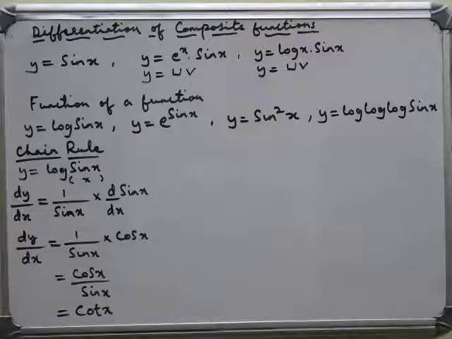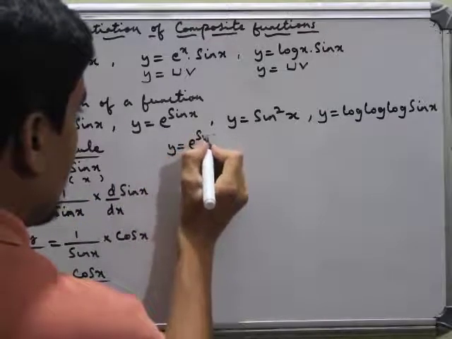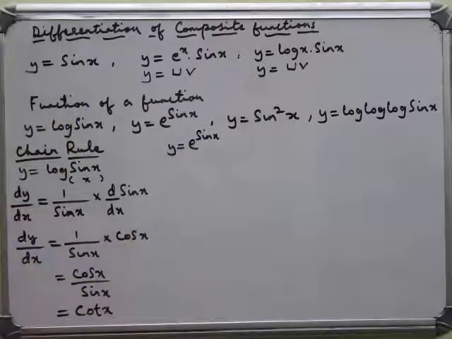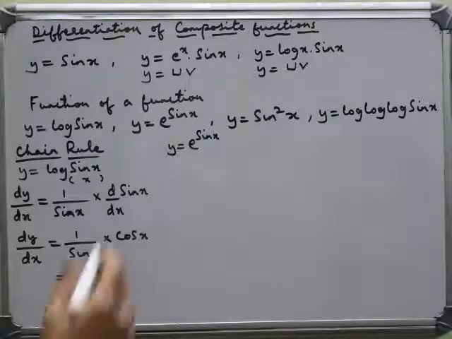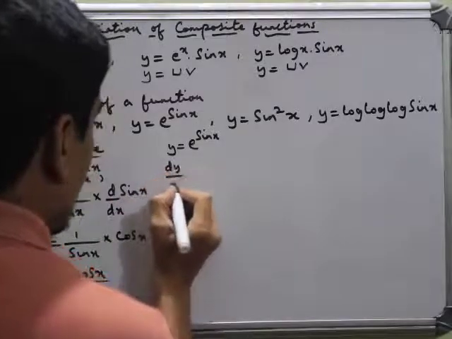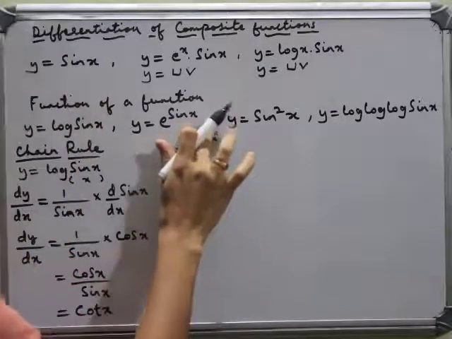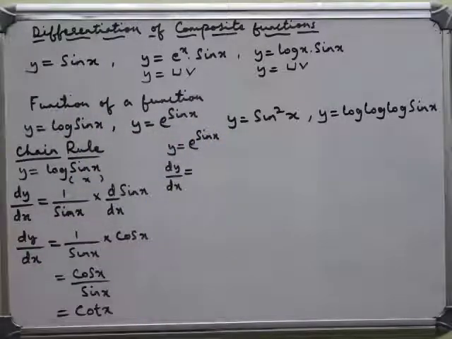Now let us take the second example. y is equal to e to the power of sin x. When you have e to the power of some function, how to differentiate this? First differentiate the exponent. dy by dx is equal to, here we know the differentiation of e to the power of x is e to the power of x.